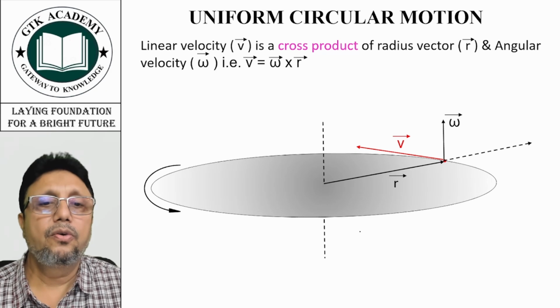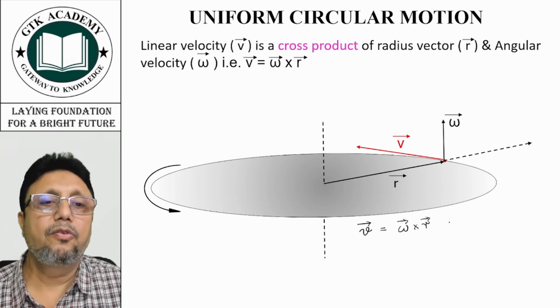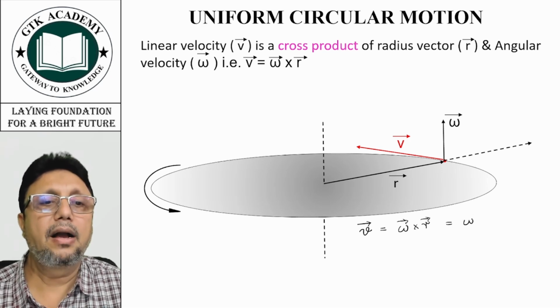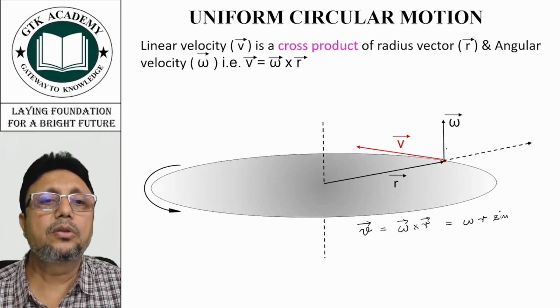So V is equal to the cross product of omega and r, which will be mod of omega, I just write omega, into r into sine of the angle between them. Now the angle between omega and r is 90 degrees.